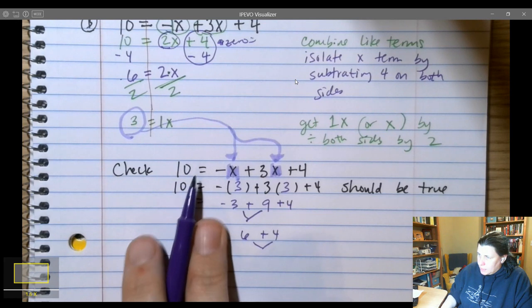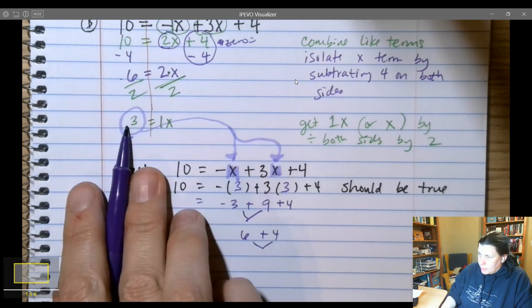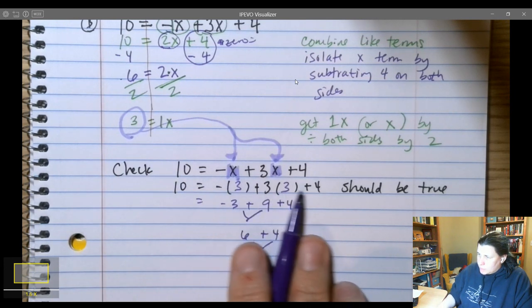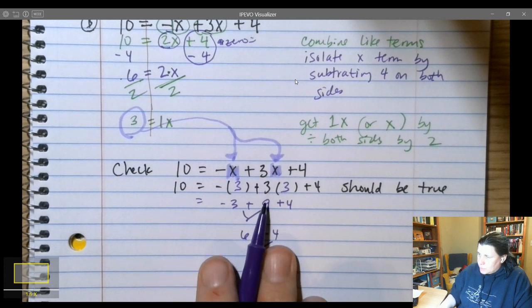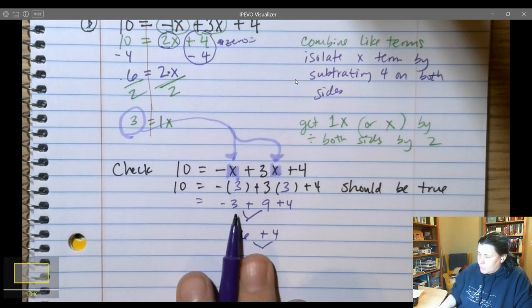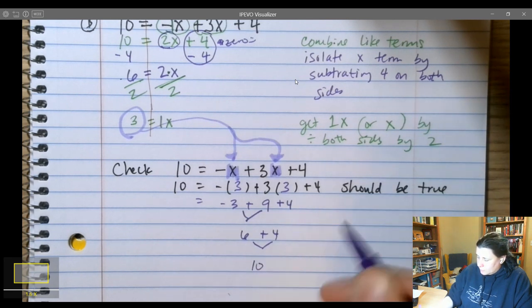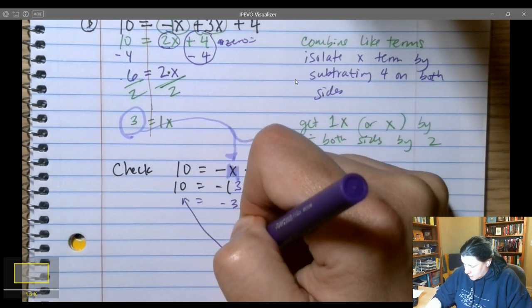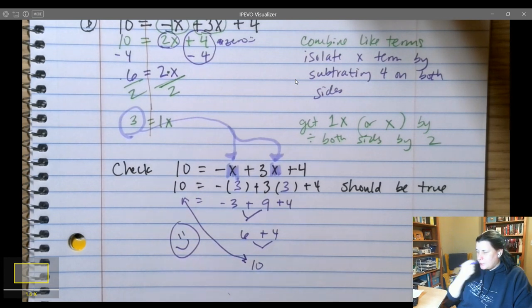I did 10 equals negative. So I'm going to replace the x with the 3. So I did 10 equals -3 plus 3 times 3 plus 4. -3 is just -3 plus 3 times 3 is 9 plus 4. And then I'm going to do the -3 plus 9 first. I did 6. 6 plus 4 is 10. 10 really does equal 10. So it is true, and I am happy.